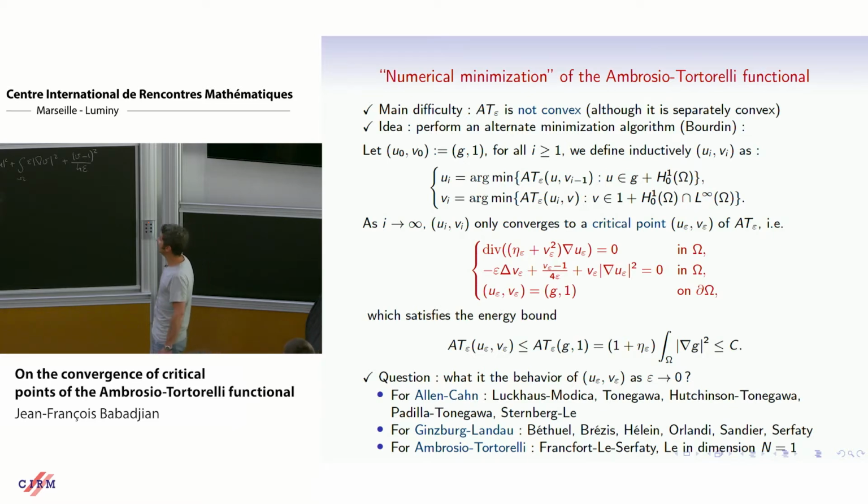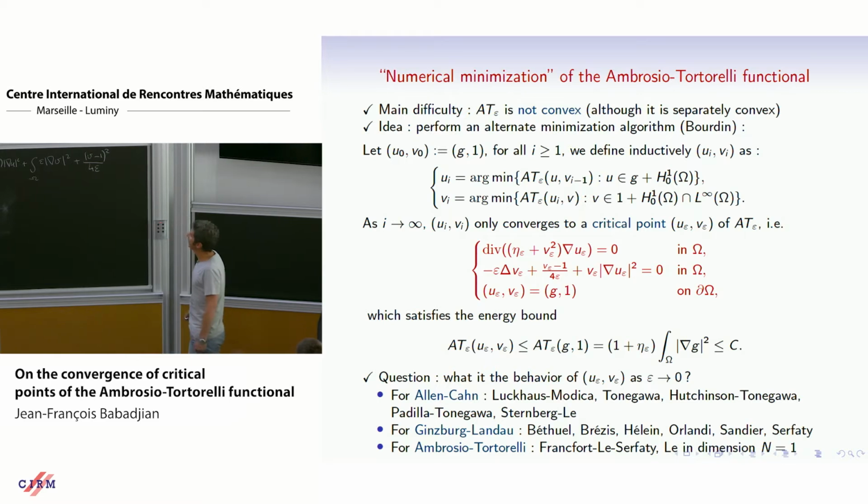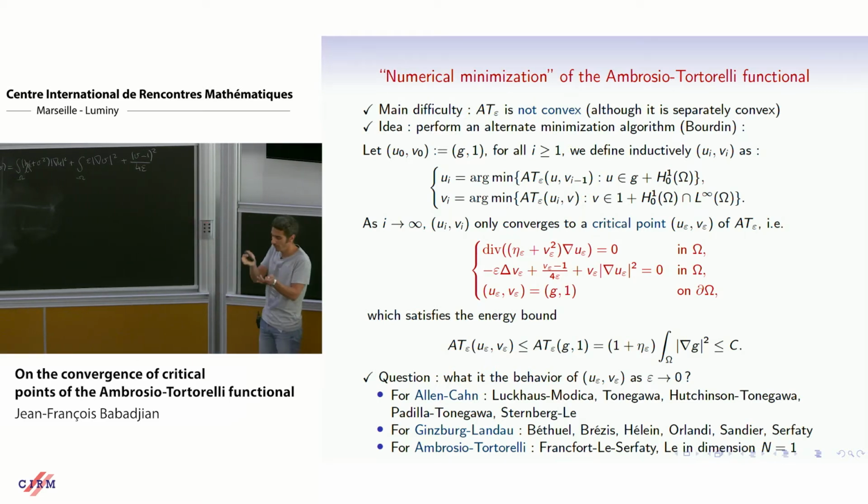Okay? And the question now is what is the asymptotic behavior of such critical points? Which again might not be a global minimizer because of the non-convexity of this energy. So the claim is, you have the gamma convergence: AT epsilon gamma-converges to the Mumford-Shah functional.